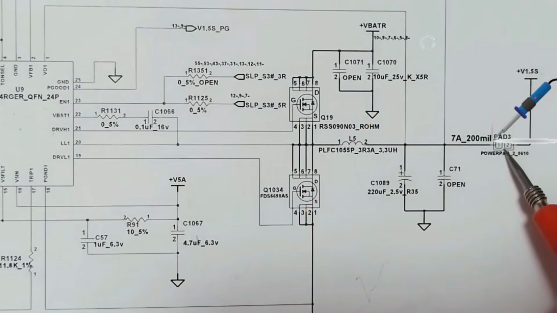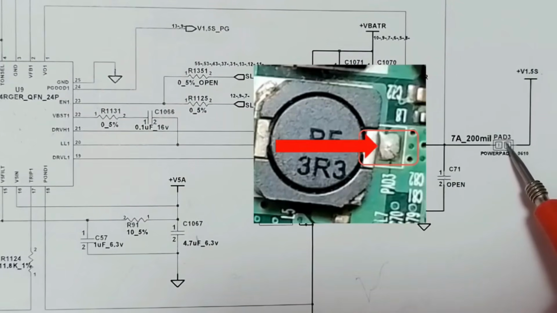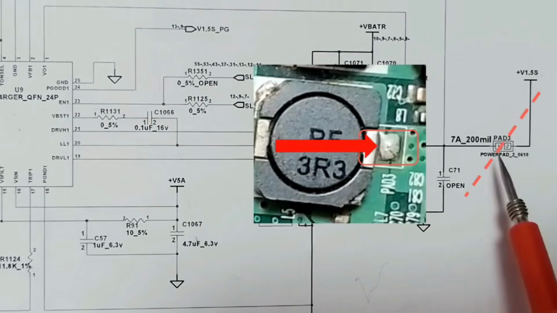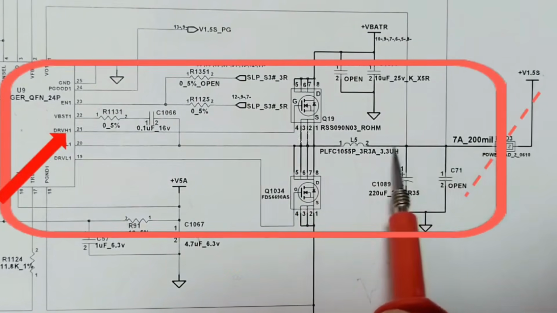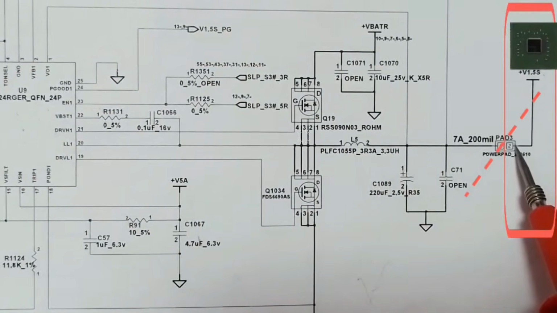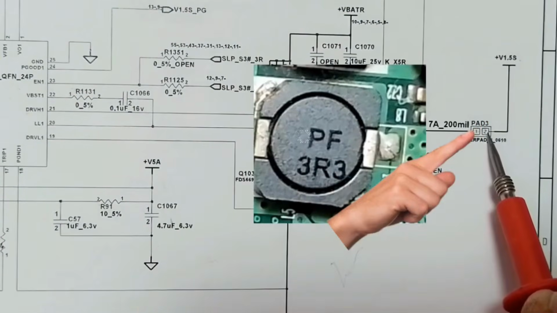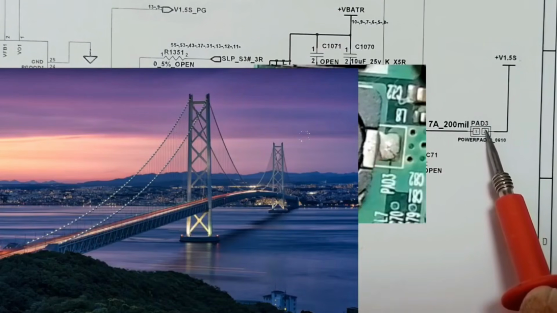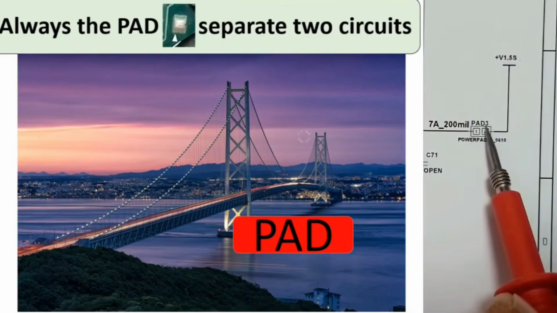Or we can even remove the pad and isolate the short circuit. We have the first side, where we have capacitors, MOSFET and IC, or the other side, where we have the graphic card. Because the pad is like a bridge, it separates two circuits. Pads always separate two circuits.